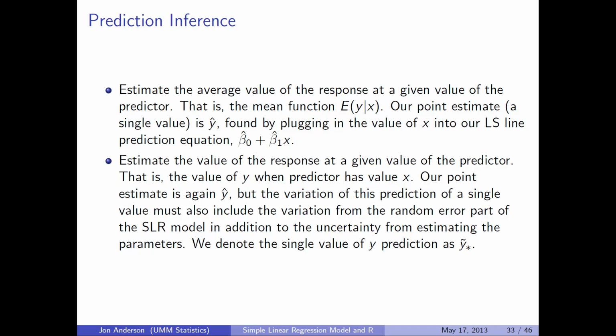Do we have a question about what the average value of y is going to be? Or are we asking what a single value of y is going to be? That's what I'm talking about in these 2 bullets. Are we going to try to make statements about what typically happens to y, or about individual values of y?